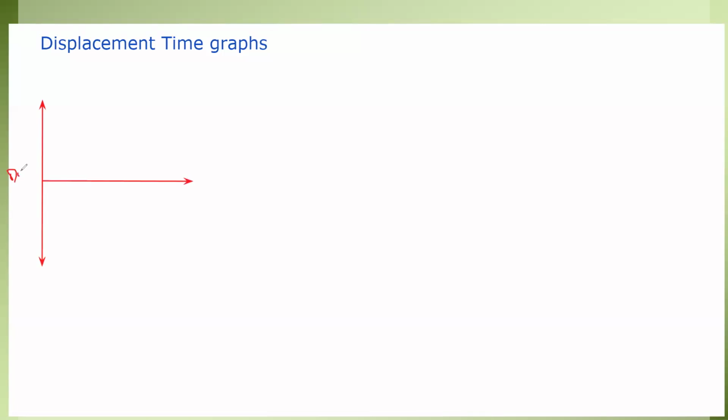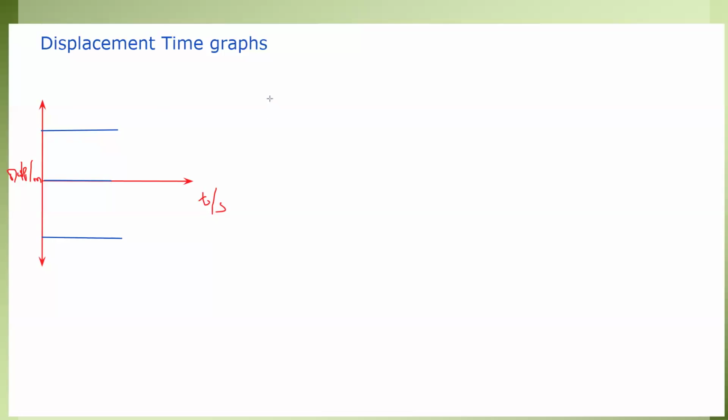So for example, this is a displacement time graph, okay? And it is a horizontal line on the origin, or it can be above the origin, or it can be below the origin, all of them. What can we say about the motion of this object?